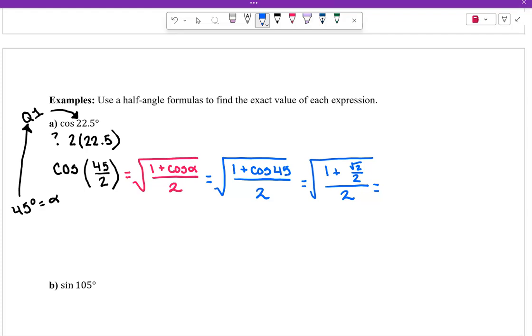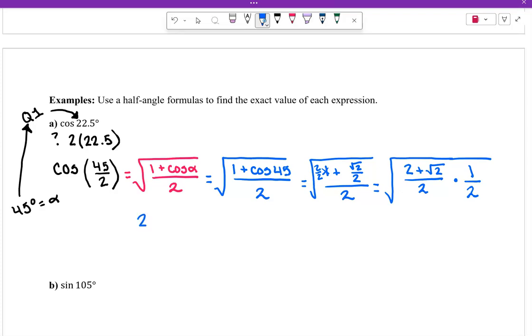Okay. We can make that 1 like we've been doing. I'm going to go ahead and change it right here to 2 over 2. So we're going to get 2 plus the square root of 2 over 2. Then remember, dividing by 2 is the same thing as multiplying by a half. Okay, and that's all underneath the radical, sorry.